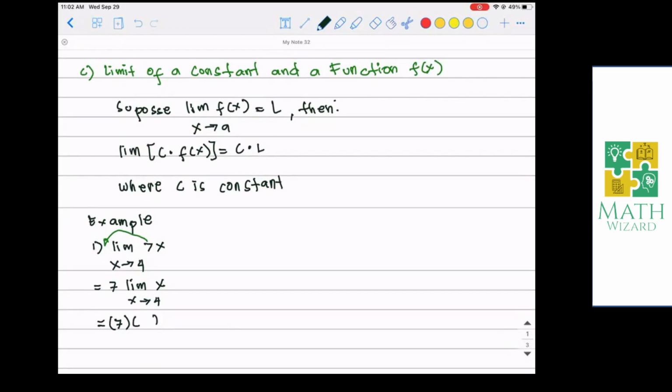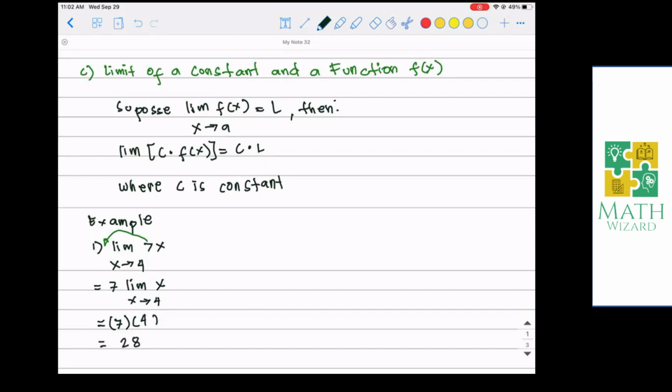Limit of x as x approaches to 4. 4 po, ma'am. 4. Kasi kung saan nag-a-approach si x. So therefore, the final answer would be 7 times 4, that would be 28.